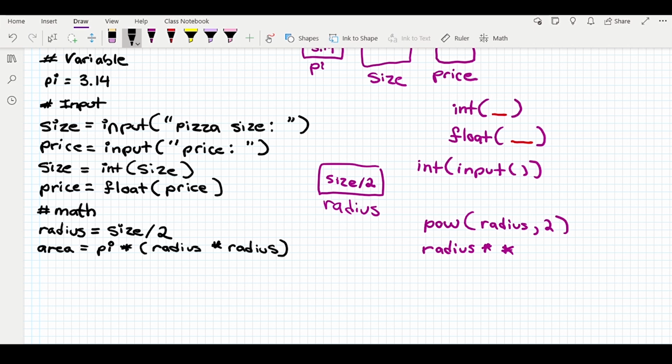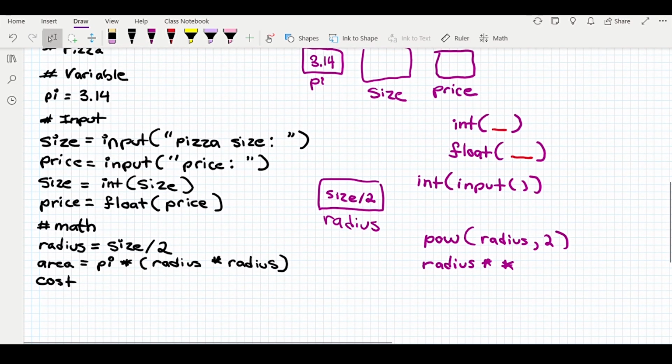We have the area. Now we need to do something with the area. We want to find out the cost per square inch of the pizza. So we'll say cost. This is another variable, cost. Now I got memory all over the place. So here's cost in memory, which is going to be equal to, do you remember what we said?